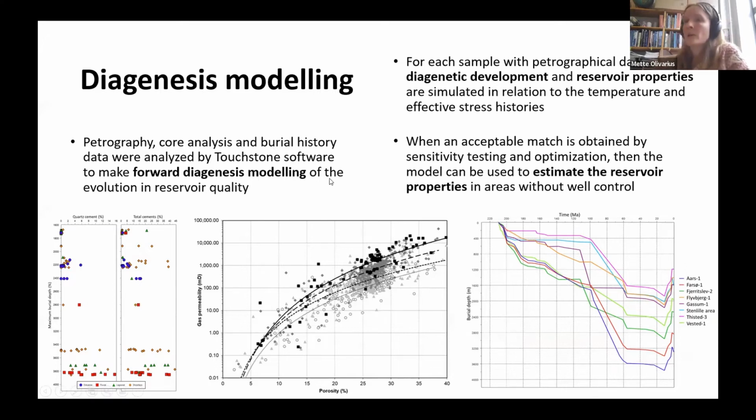And for each sample with the petrographical data, we can model the diagenetic development and reservoir qualities and simulate it in relation to temperature and the effective stress histories. And then when obtaining an acceptable match by sensitivity testing and optimization, the model can be used to estimate the reservoir properties in areas without well control.